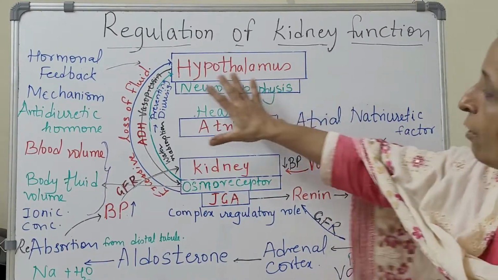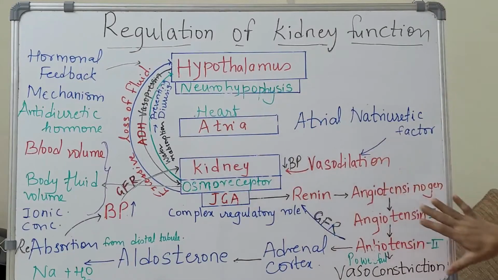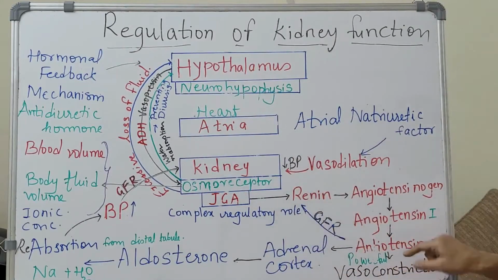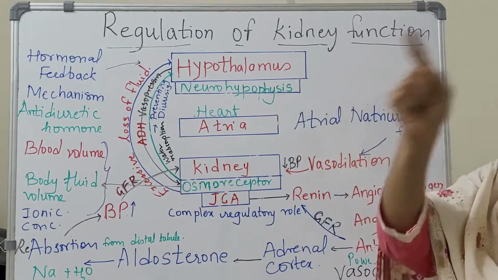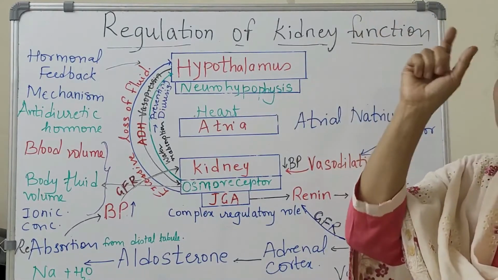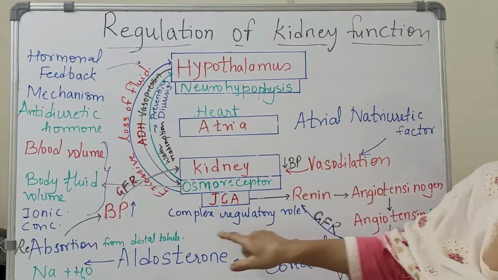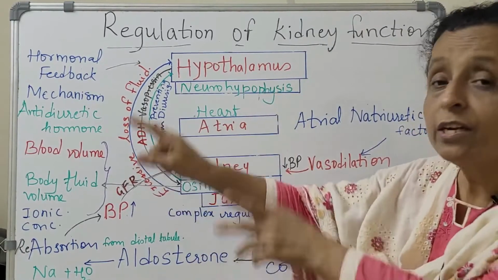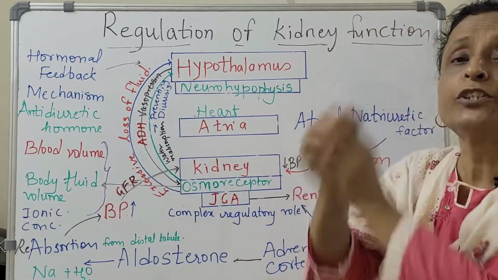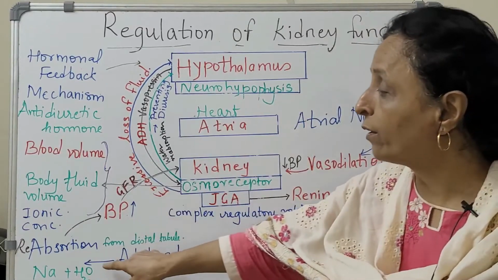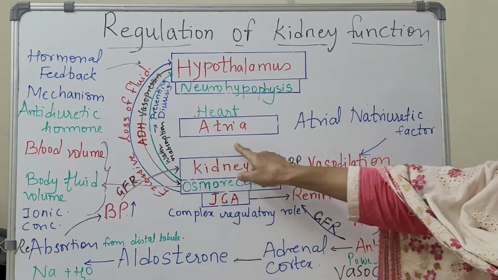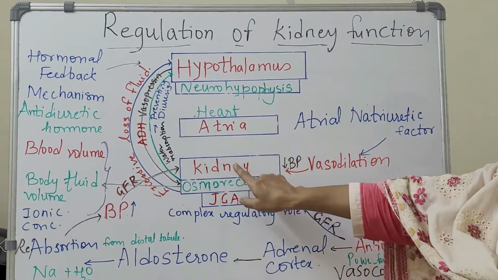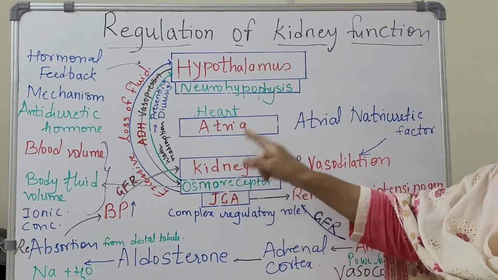So now, in addition, angiotensin 2, a powerful vascular constrictor, also stimulates the adrenal cortex to release aldosterone, which helps in reabsorption of sodium and water. And it increases the blood pressure, which increases the GFR in the glomerulus, in the kidney.